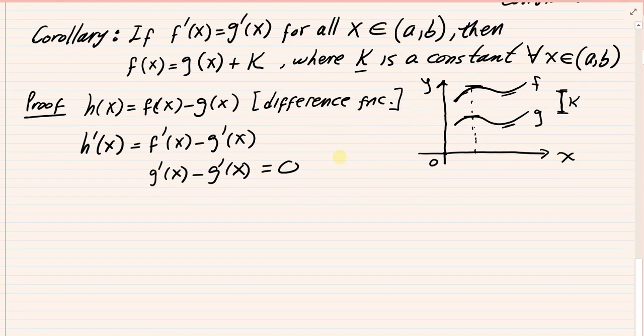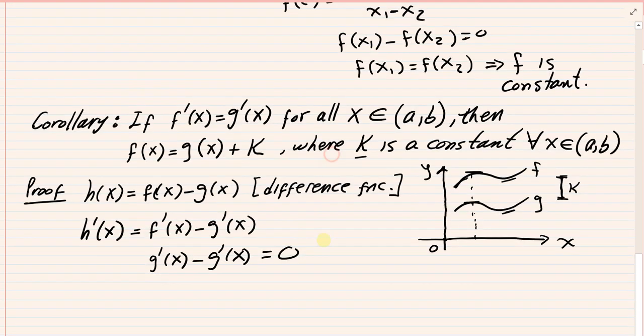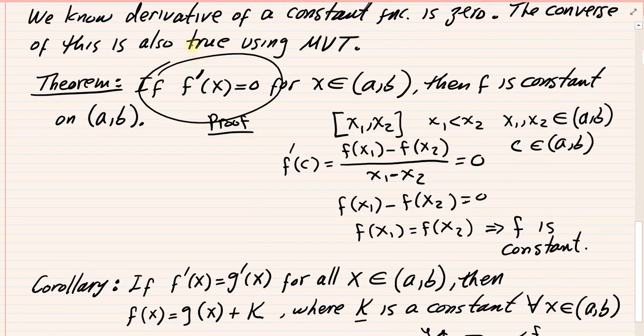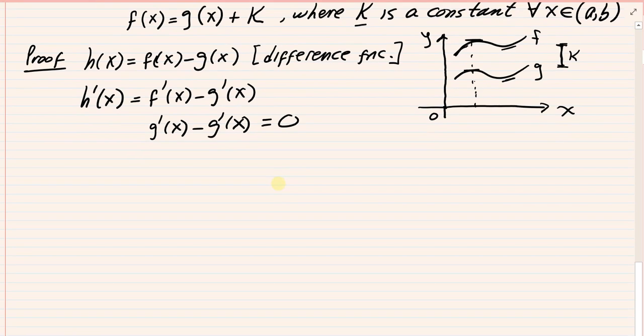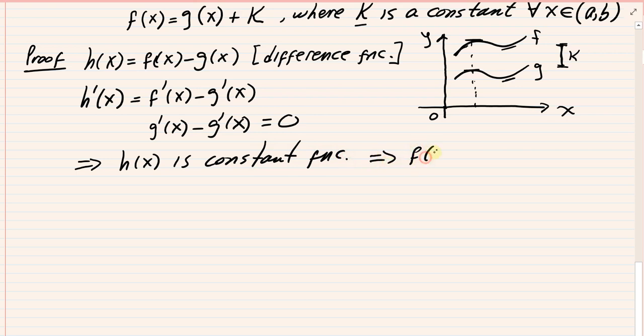So what does that tell us about the difference function? Well, if the derivative of any function is 0 over the entire domain, that function must be a constant function, right? So that means the difference function is a constant function. So from this we get h of x is a constant function. And this implies, remember h of x was f of x minus g of x, when we say that's a constant, call it equal k.